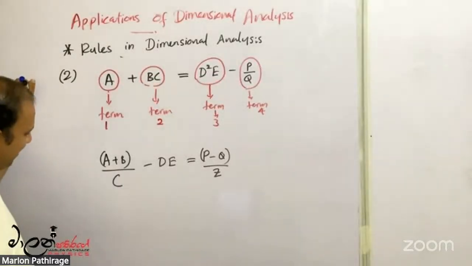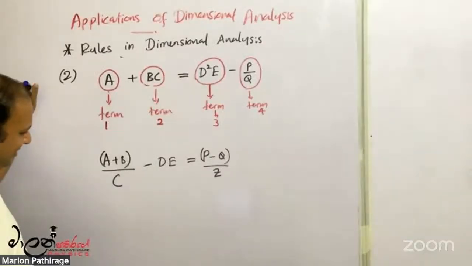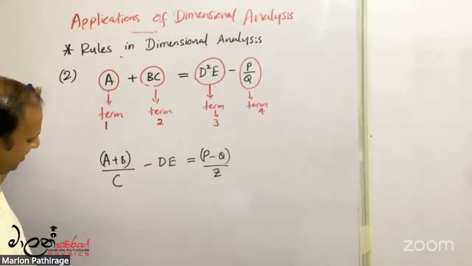Then A plus B over C is another term. Then DE is one term. P is one term, and Q is another, two separate terms. Then P minus Q over Z is another term.